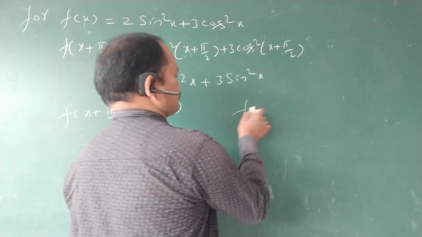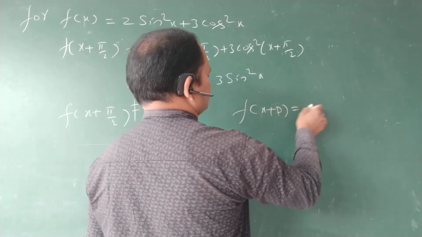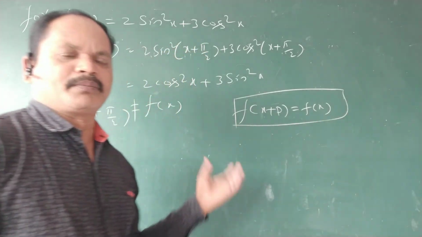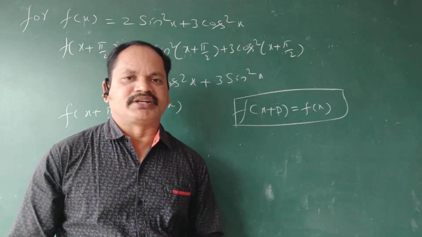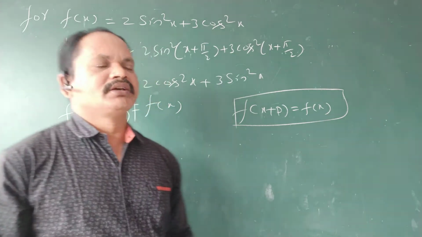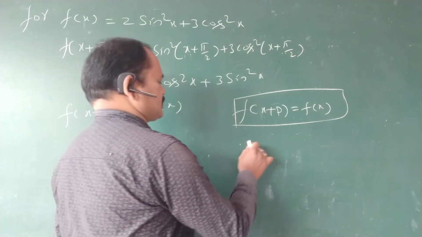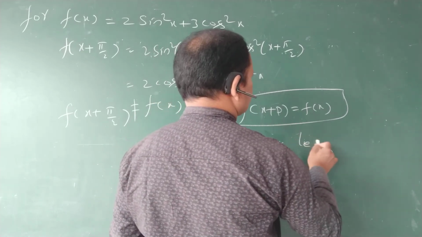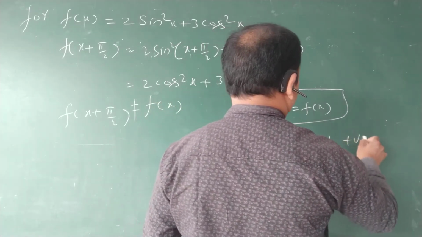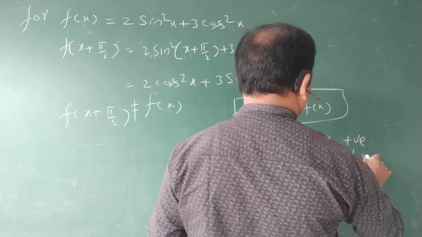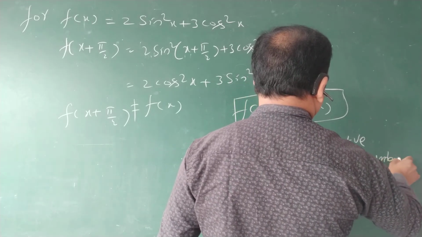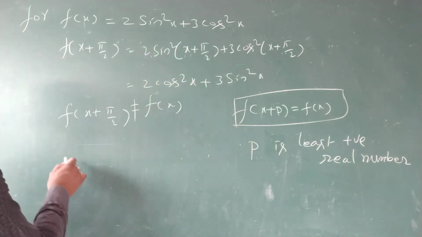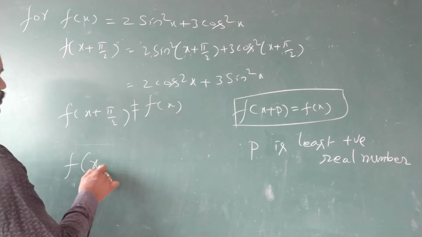Since the definition of the period is f of x plus p equal to f of x, where p is the least positive real number, that is the period of the function. So this is not satisfied. In place of p we have to substitute pi.